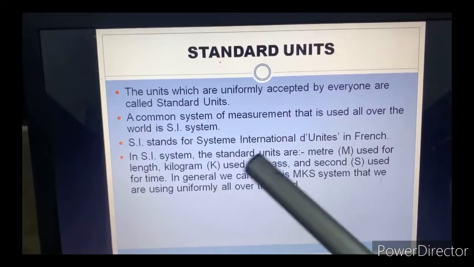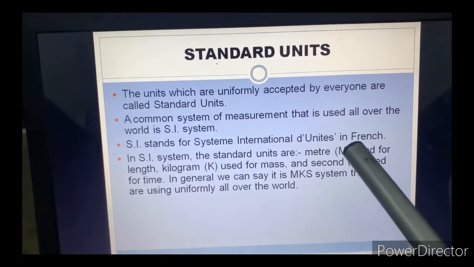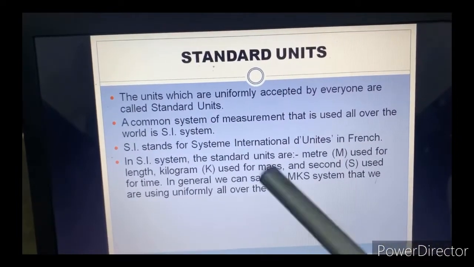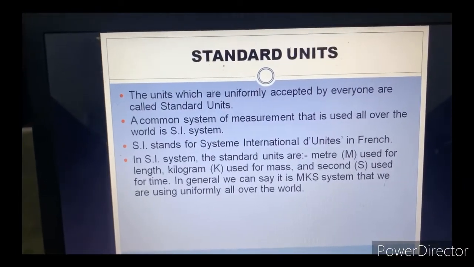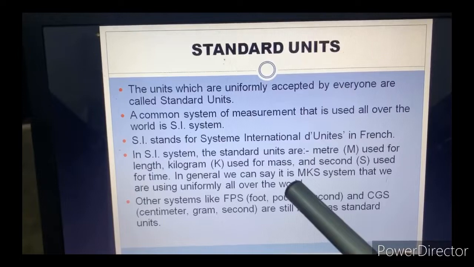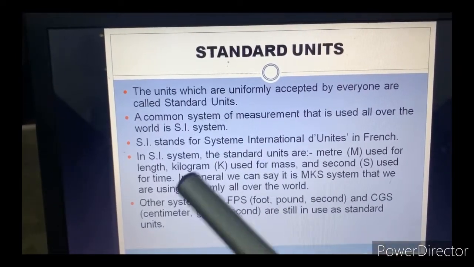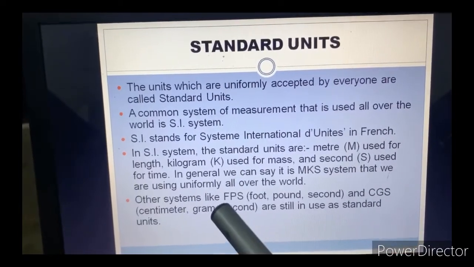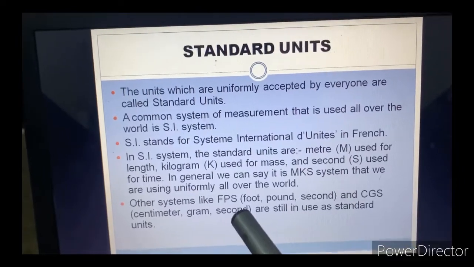Wherever we go, in any state, in any country, you will use second for measuring time, kilogram for measuring mass, and meter for measuring length. In addition to this MKS system, we have other types of systems, that is FPS and CGS also. FPS means foot pound second and CGS means centimeter gram second.